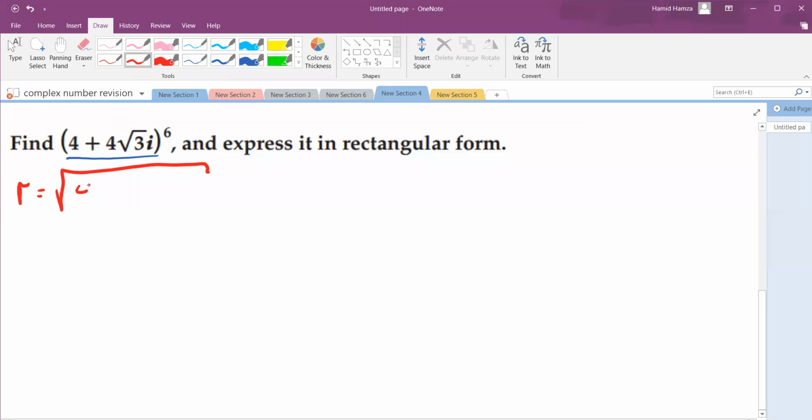So it will be the square root of 4 squared plus 4 root 3 squared. So this is the modulus of the number. Guys, anyone has a calculator? Give me the answer. 8.